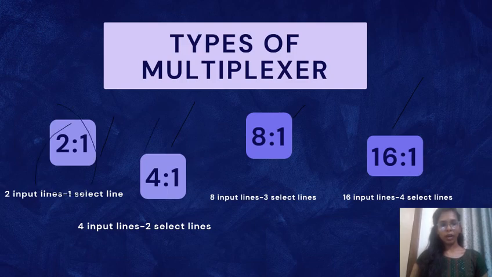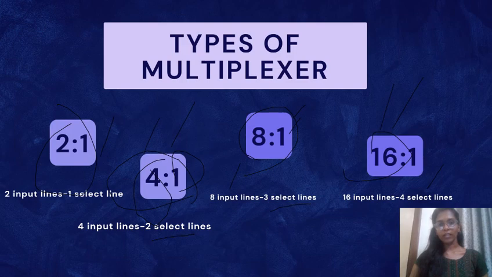Coming to 4:1 mux, it has 4 inputs, 1 output and 2 select lines. Coming to 8:1, it has 8 input lines and 1 output line and 3 select lines. And in 16:1, it has 16 input lines, 1 output line and 4 select lines. In this session, we are going to see about the 4:1 mux.